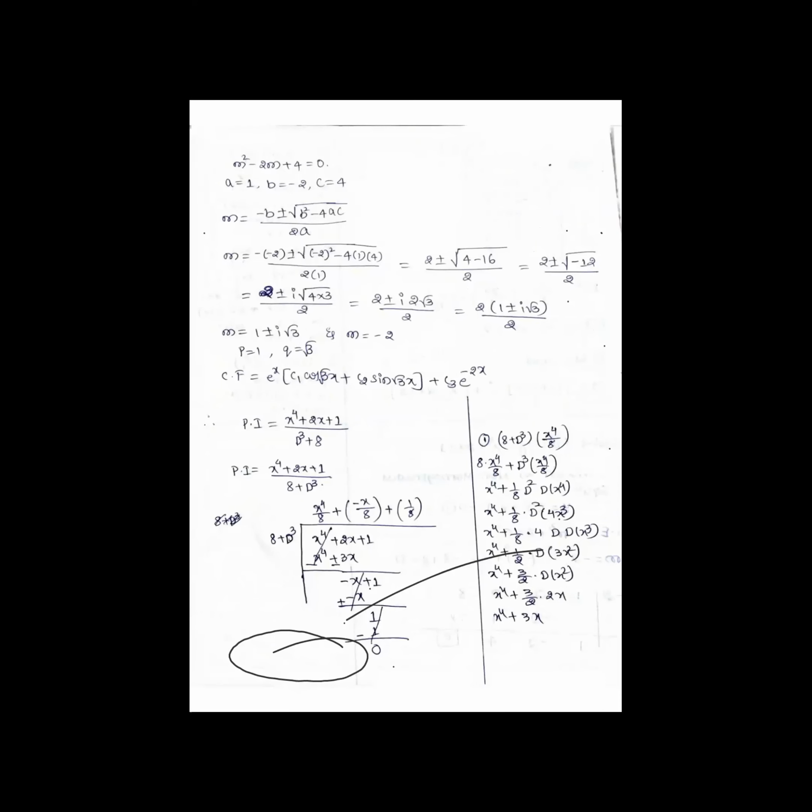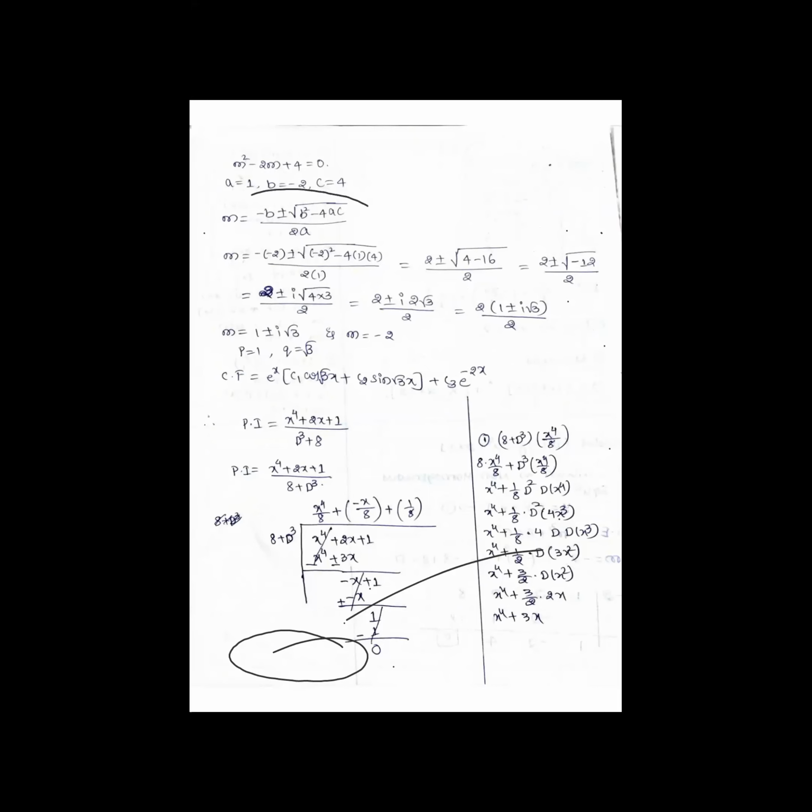Next, using these coefficients, write the quadratic equation. That is m square minus 2m plus 4 equal to 0. Here the factors are probably not possible, so I'll use the formula method.